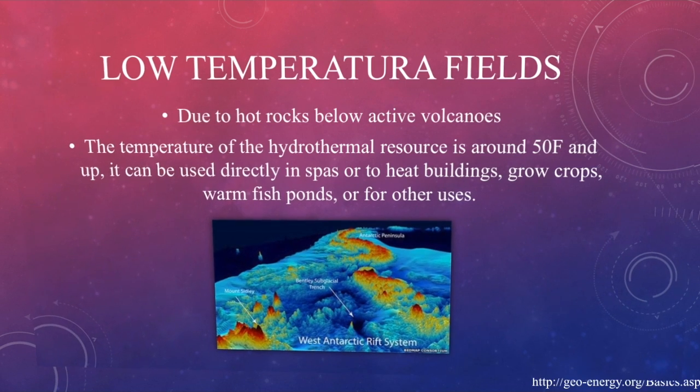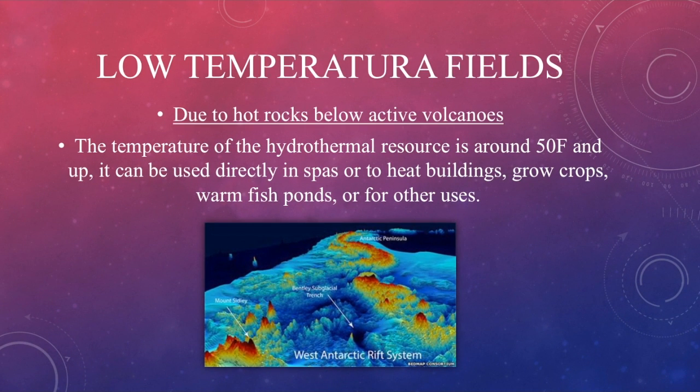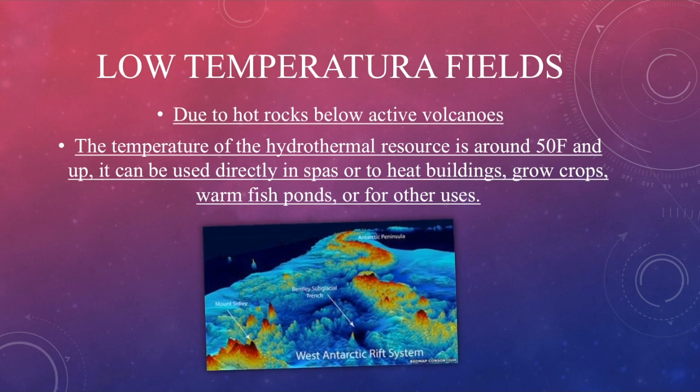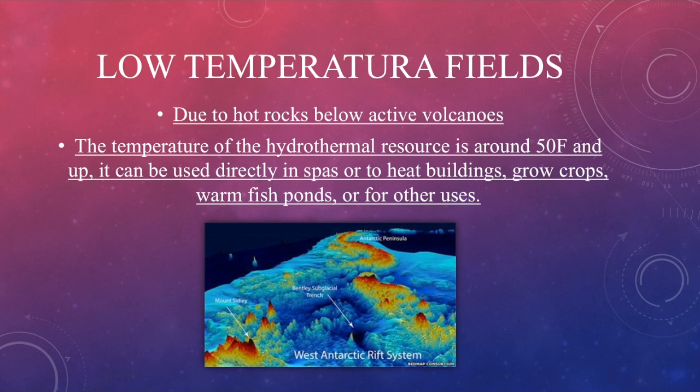Low temperature fields. This is due to hot rocks below active volcanoes. The temperature of the hydrothermal resource is around 50 Fahrenheit and up. It can be used directly in spas or to heat buildings, grow crops, run fish ponds, or for other uses. On the surface, low temperature activity is manifested in hot or boiling springs, while no surface manifestations are observed on top of such systems.